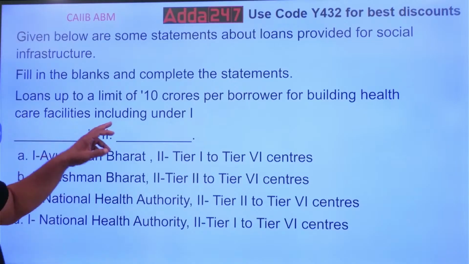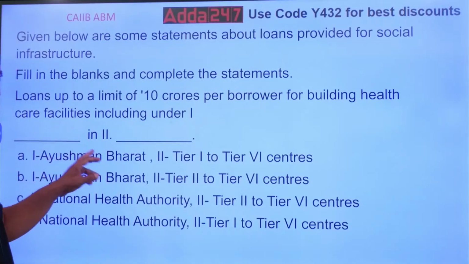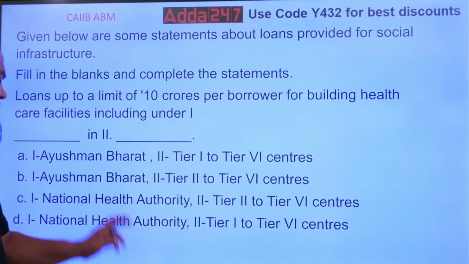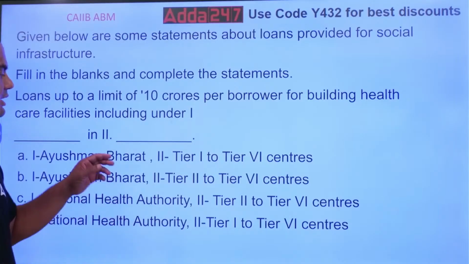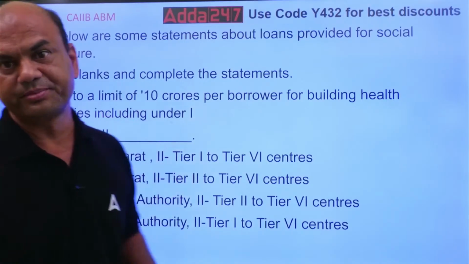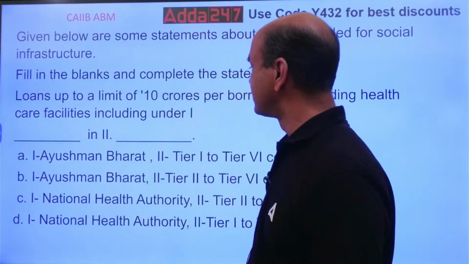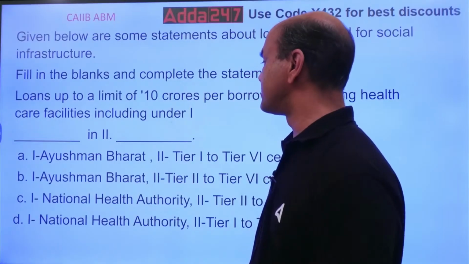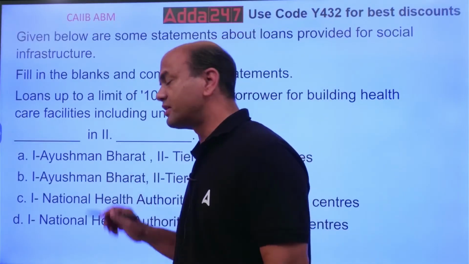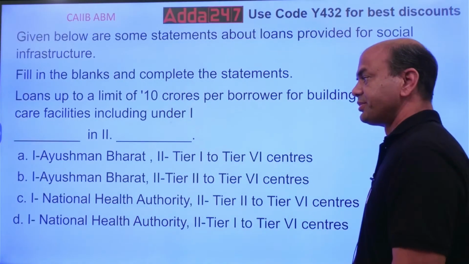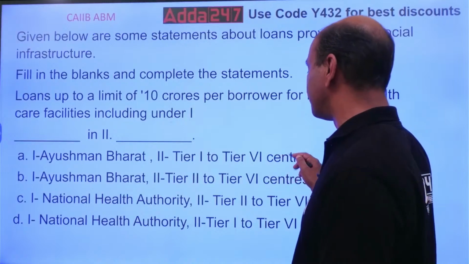The options for the first blank are Ayushman Bharat and National Health Authority. Don't look at the second one right now, focus on the first one only. The first one is Ayushman Bharat. So National Health Authority is gone. Now the second one.